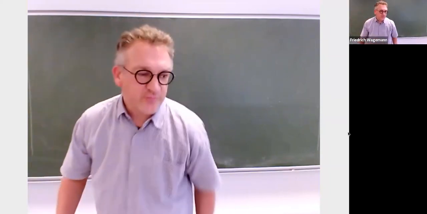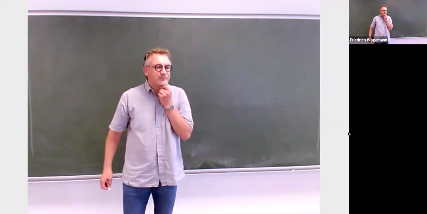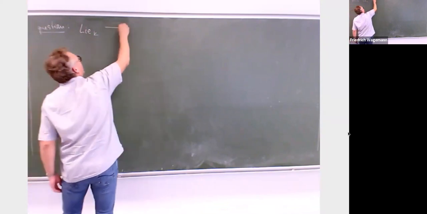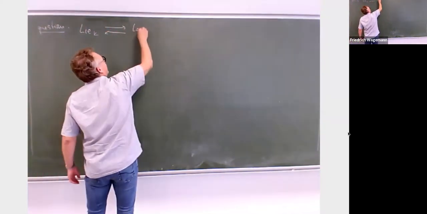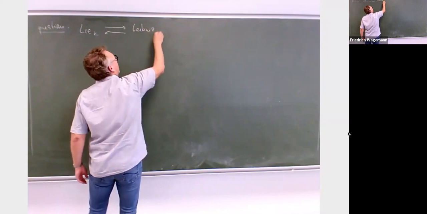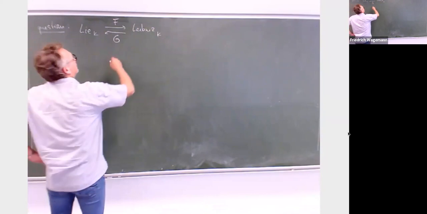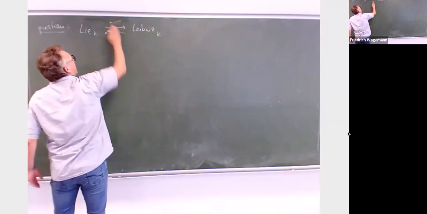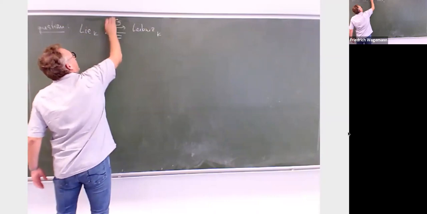And so first of all, let me comment on the question yesterday. Yesterday's question was, there are two functors from Lie algebras to Leibniz algebras over K, and from Leibniz algebras to Lie algebras.